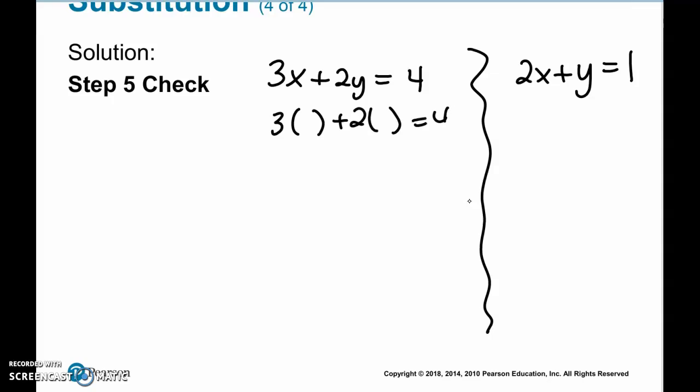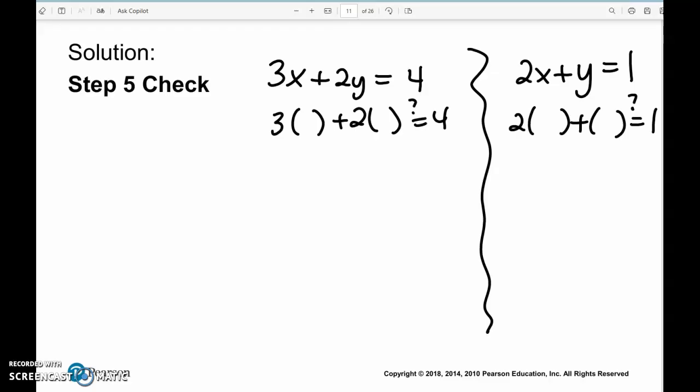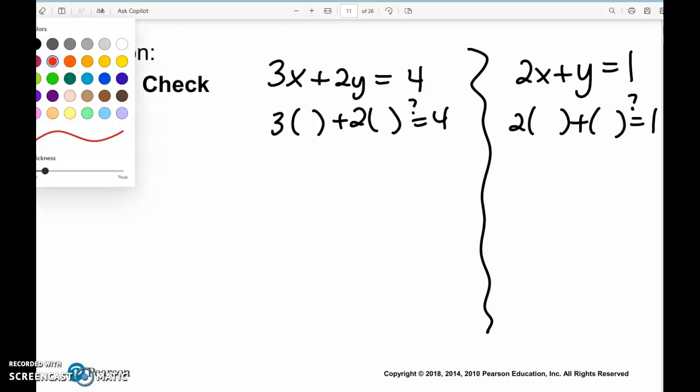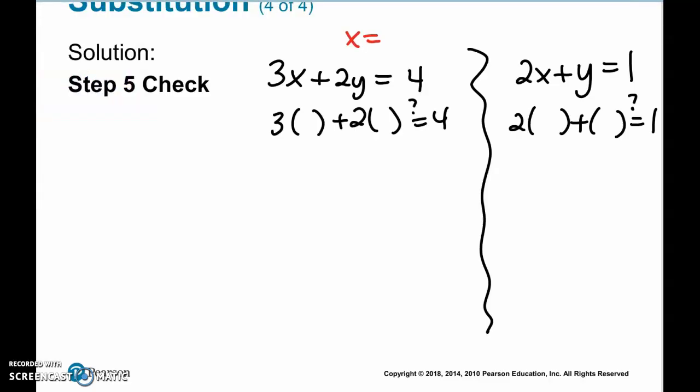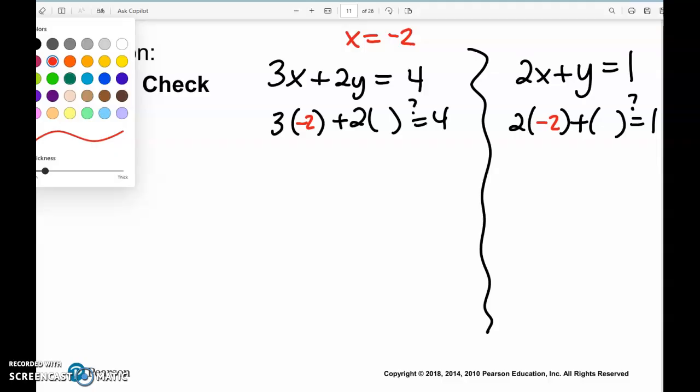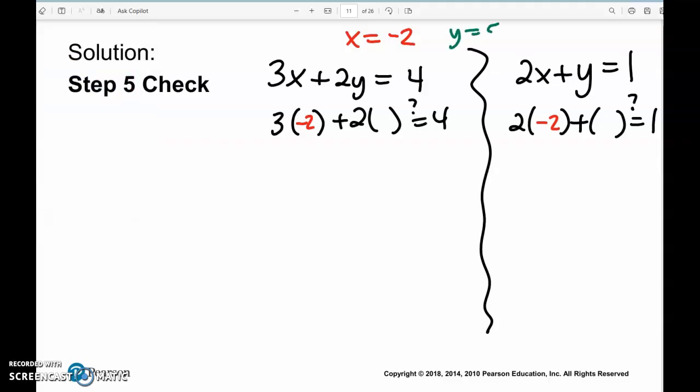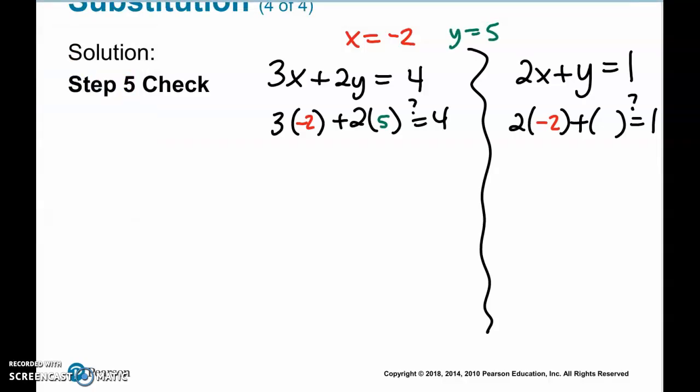Just go back to the originals just to do your check. And so notice I'm putting blank spots in place of the x and the y. And so I am going to, x I found to be -2. So wherever I have x, I put -2. And then y I found to be equal to 5. So wherever I have a y, I'm going to put 5.